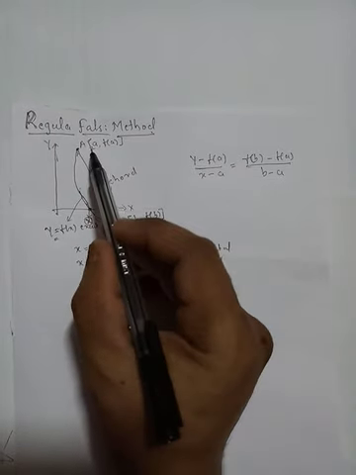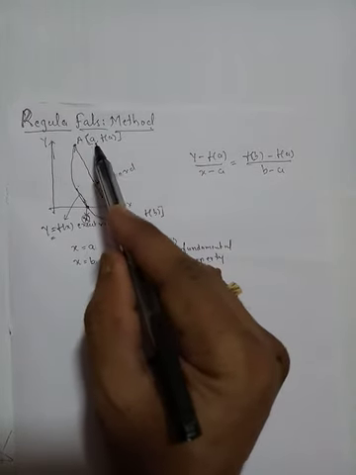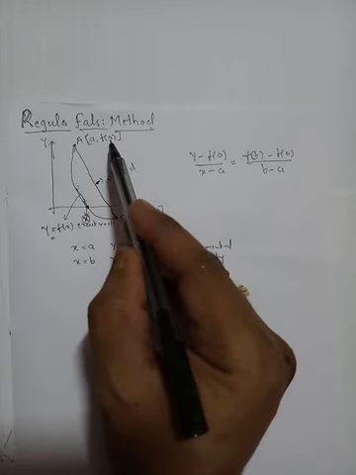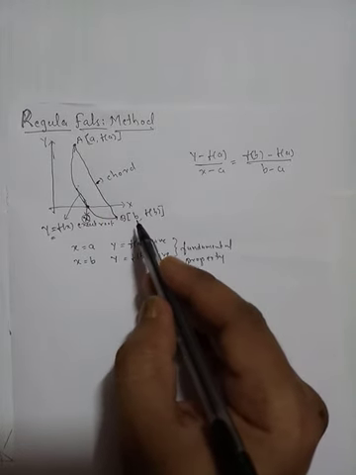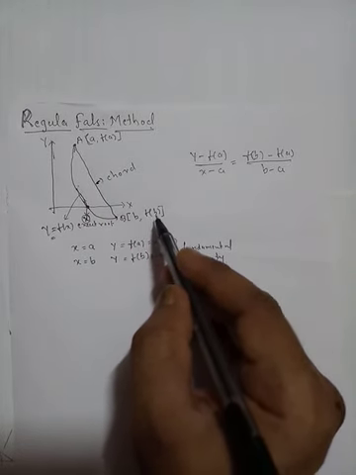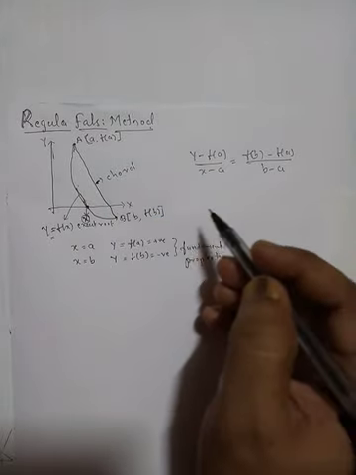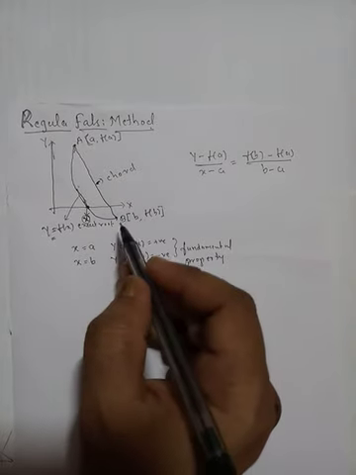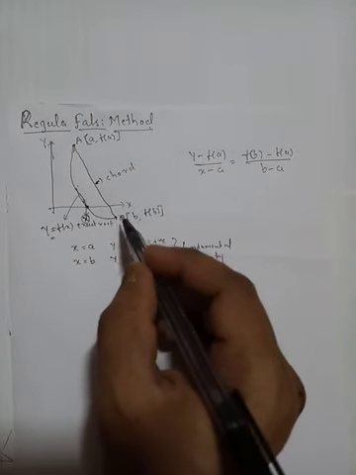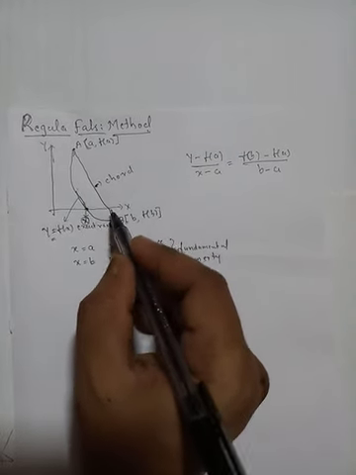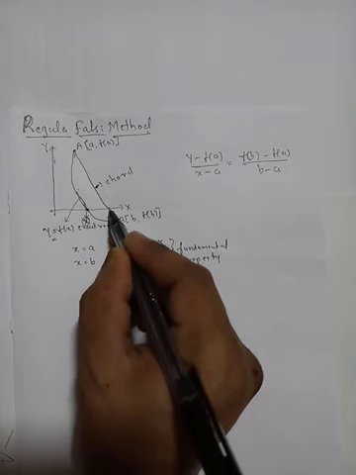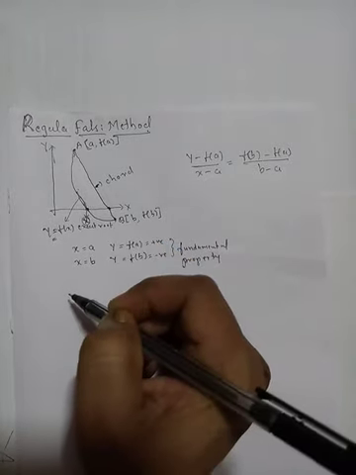Here a has the coordinates a, f of a, and b has the coordinates b, f of b. So this is the equation of the chord. Now this chord intersects the x-axis at this point.